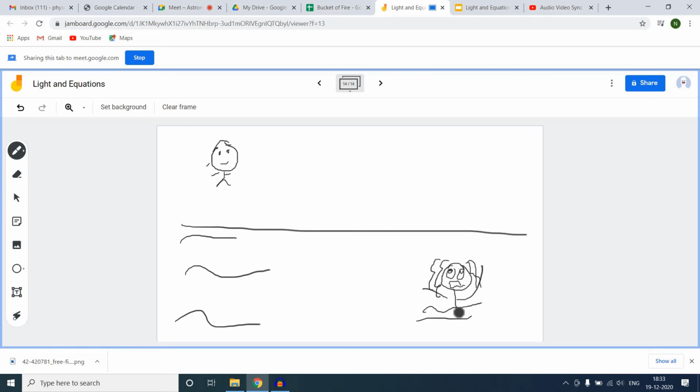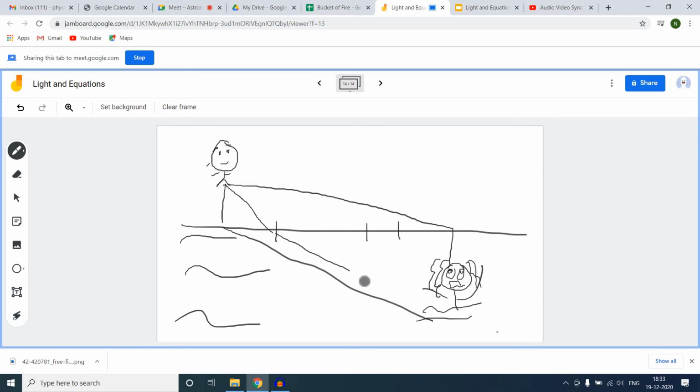Bob needs to reach the girlfriend to save her life, otherwise she's dead. Now there are multiple paths which Bob can take. He can go straight to the water and then start swimming towards the girlfriend, or he can run fast on the land and then start swimming down. But there is one point somewhere over here which will minimize the time for Bob, where he can compensate. So he can run on the land and then start swimming towards her.